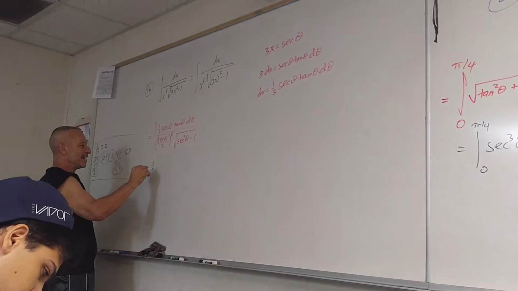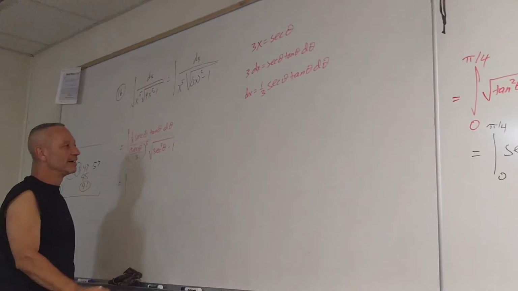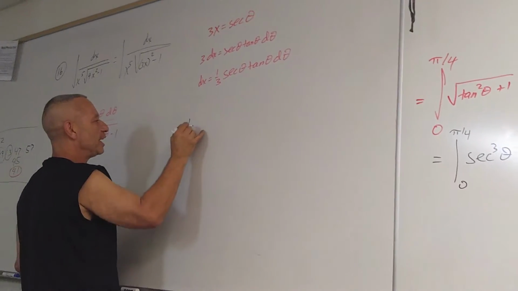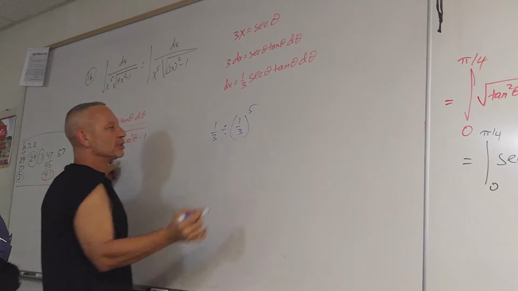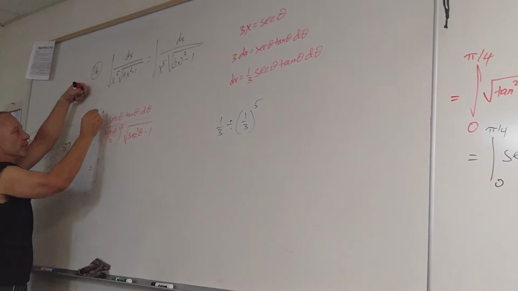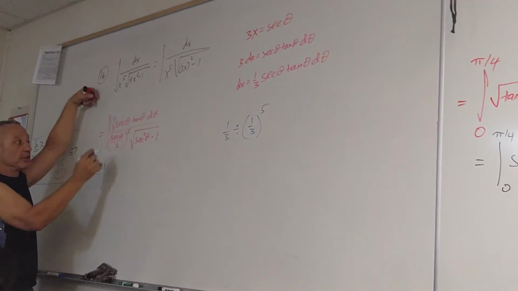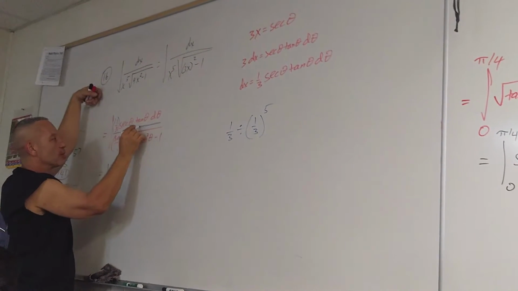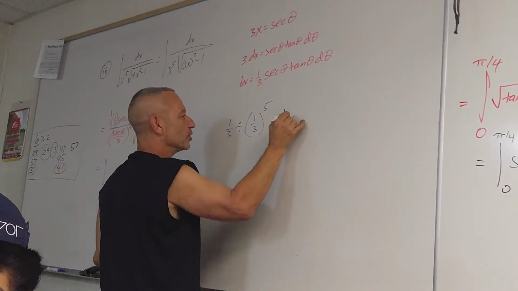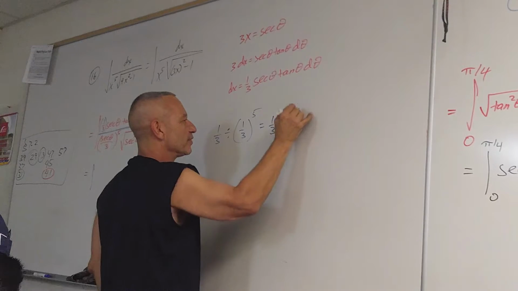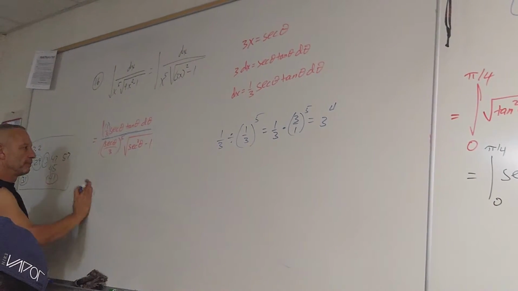Let's write that as 1/3. If you take 1/3 and divide it by 1/3 to the 5th, that's what I'm doing, aren't I? Here's a 1/3, here's a 1/3 to the 5th. That 1/3 to the 5th is in the bottom. I'm dividing it according to that fraction bar. So that's 1/3 times 3 over 1 to the 5. That's 3 to the 4th. This is 81.